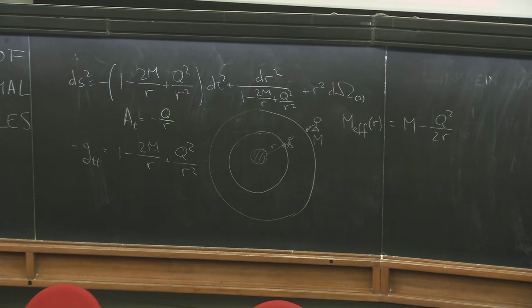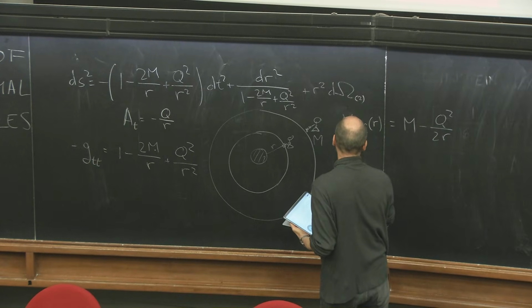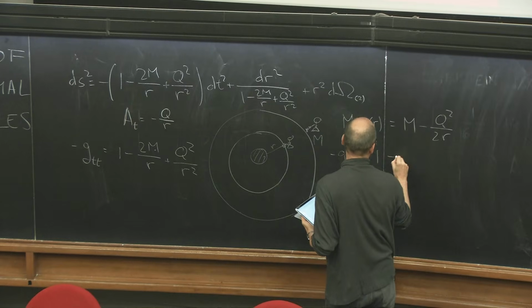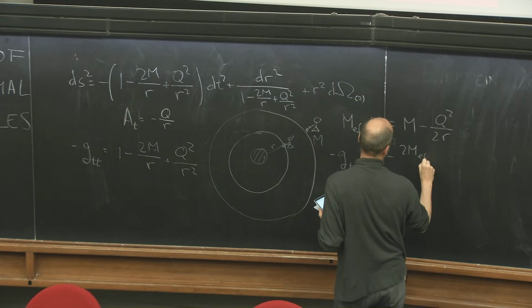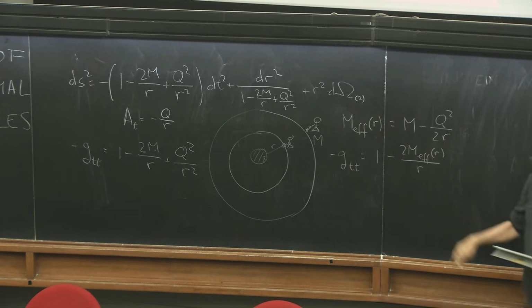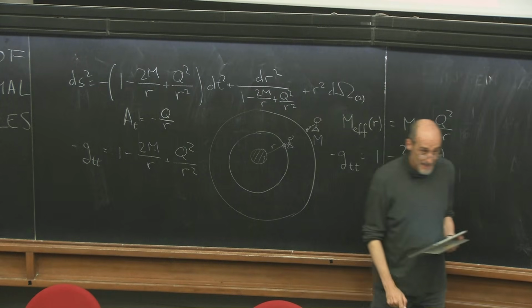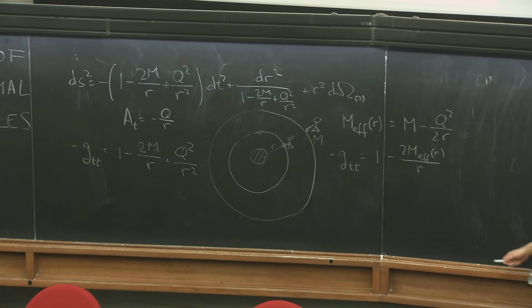That electromagnetic field would be like this. So then you can write now like this. This is the effective mass that you perceive at radius r. And you see that this is the same as this. So it's not that there's repulsion.